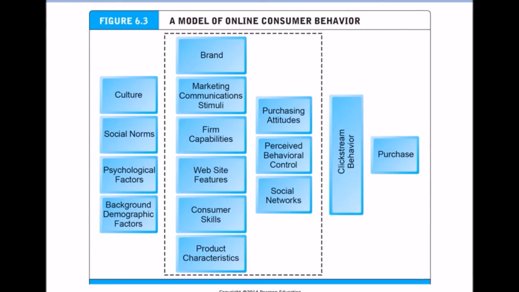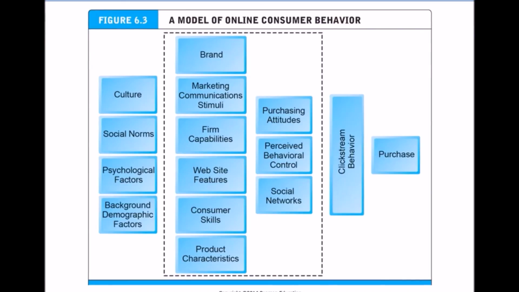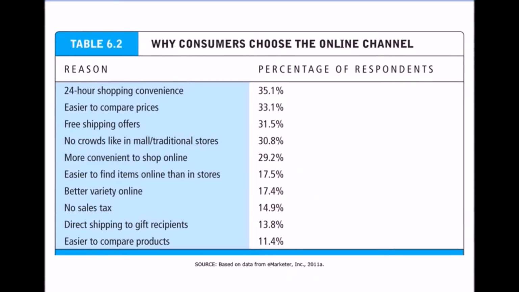There are consumers who work in BPOs, consumers who work in different time zones, and consumers who just get up from sleep and want something urgent. So it should be 24-hour shopping convenience, and brick and mortar stores don't give that. Around 35%, 35.1% of them, choose the online channel because of that.